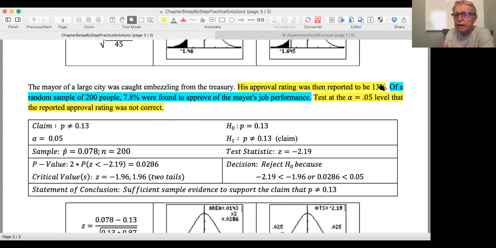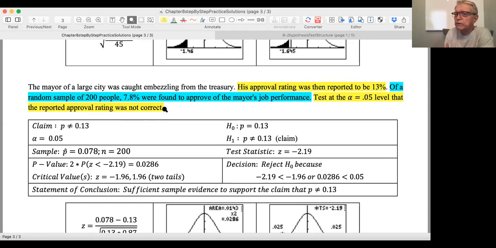It doesn't say mean, doesn't say standard deviation or anything like that. It just gives us a percent. That implies that it is a test of proportion that we're looking at. So our parameter is P. And 13%. So basically, we're testing at the 0.05 level that 13% was not correct.